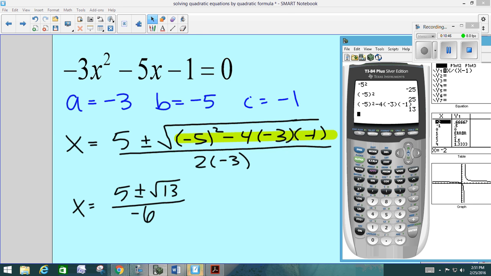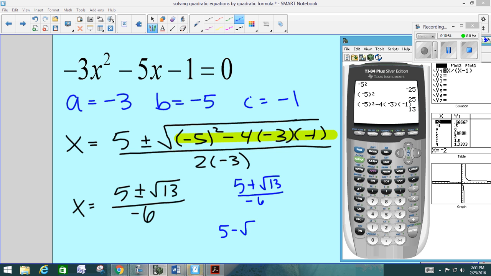And your two answers come from when you add, so 5 plus the square root of 13 divided by negative 6, and then when you subtract the square root. So these are the two different things you have to put in the calculator. 5 plus second square root 13 divided by negative 6. I got negative 1.43 for that first one.